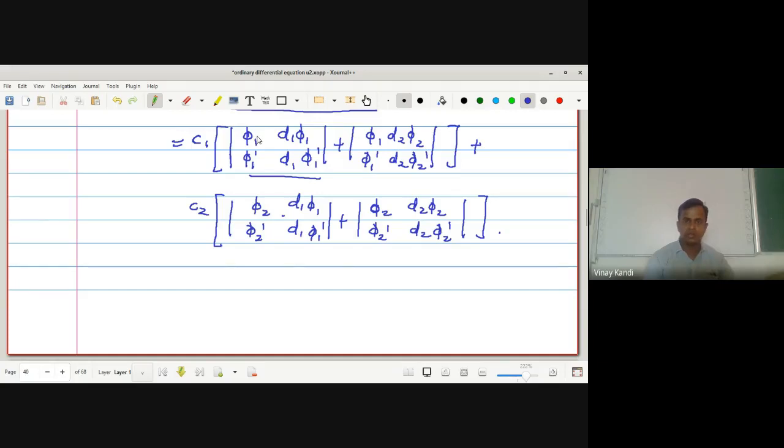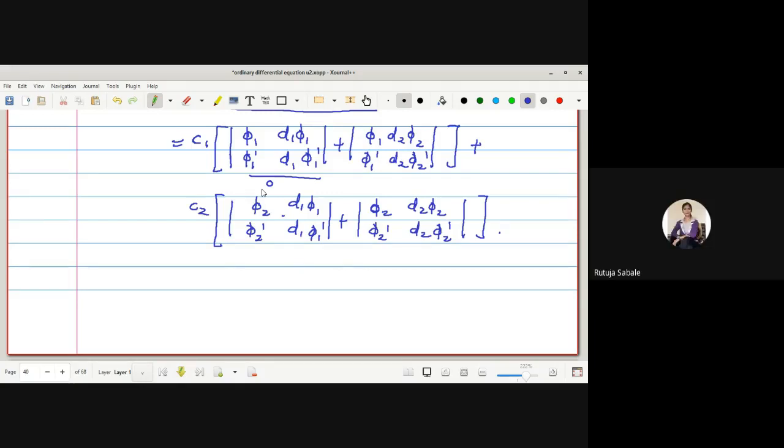Phi 1 at 0, how much does it come? It comes 0. Yes sir. So here we get C1 into the bracket. We have phi 1 dash, d2 phi 2, d2 phi 2 dash. Okay, this determinant is as it is, plus C2 into.